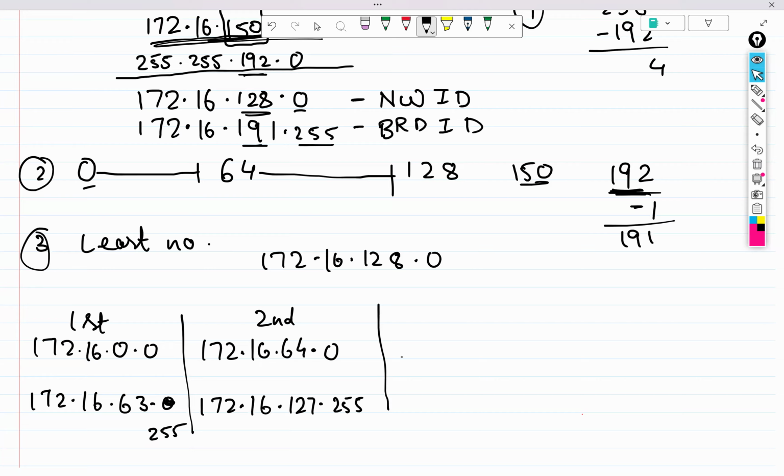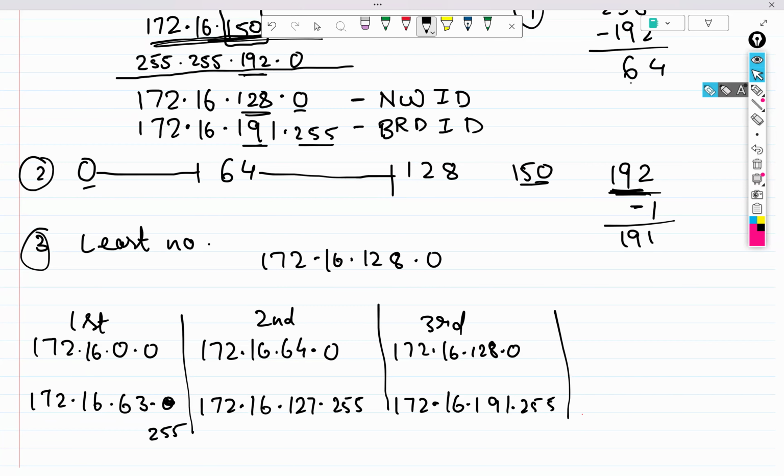The third subnet starts at 172.16.128.0, and it goes up till 172.16.191.255. Like this, you can calculate the fourth subnet, fifth subnet, sixth subnet, based on the multiples that we got over here.